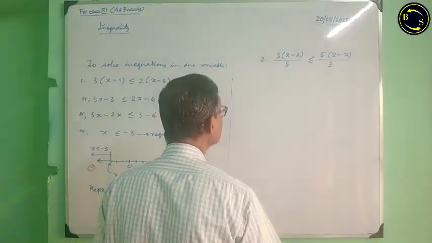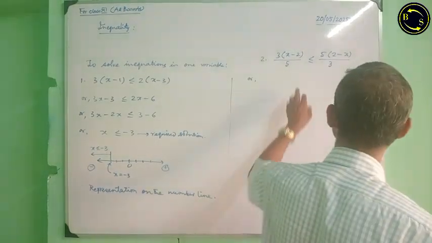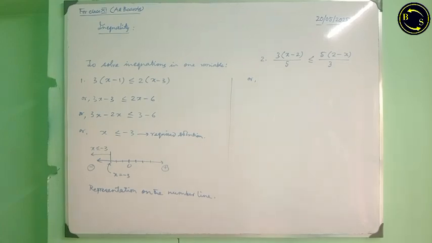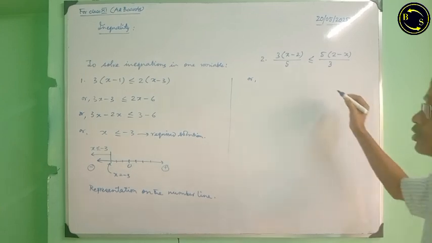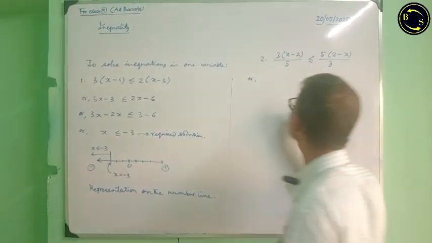Now, in this sum, first of all, we note 5 and 3 are both positive numbers. Therefore, we execute cross multiplication as we have done in the case of equations.